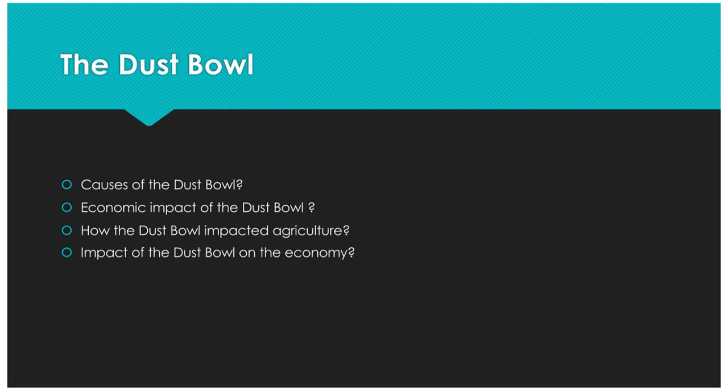So I want students to be discussing and answering these questions: the causes of the Dust Bowl, the impact, how it has adjusted and changed agriculture. All these questions are important in bringing life to things that seem historic.